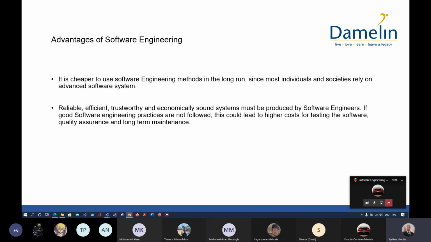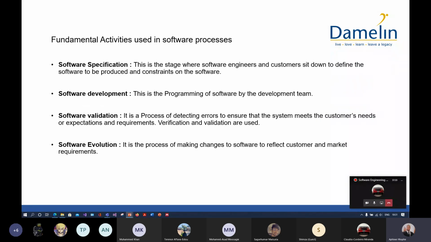Or you always start from the first phase. Make sure you understand the requirements, do your modeling, draw your system out properly, and you won't go around from there. Okay, so these are the advantages of adopting software engineering processes.